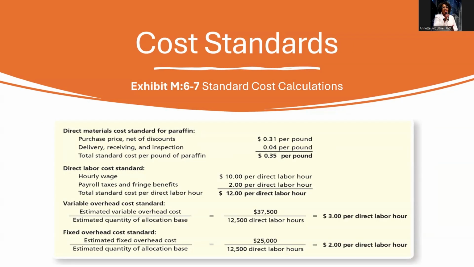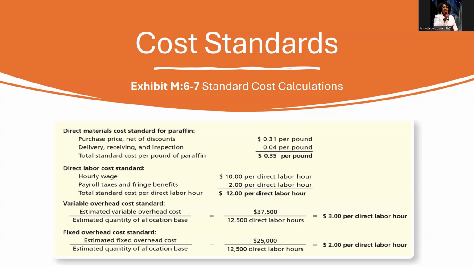In Exhibit 7, as you see here, the standard cost calculations: you have the direct materials cost standard for the wax. You have the purchase price net of discount at 31 cents per pound, and delivery, receiving, and inspection at 4 cents per pound.